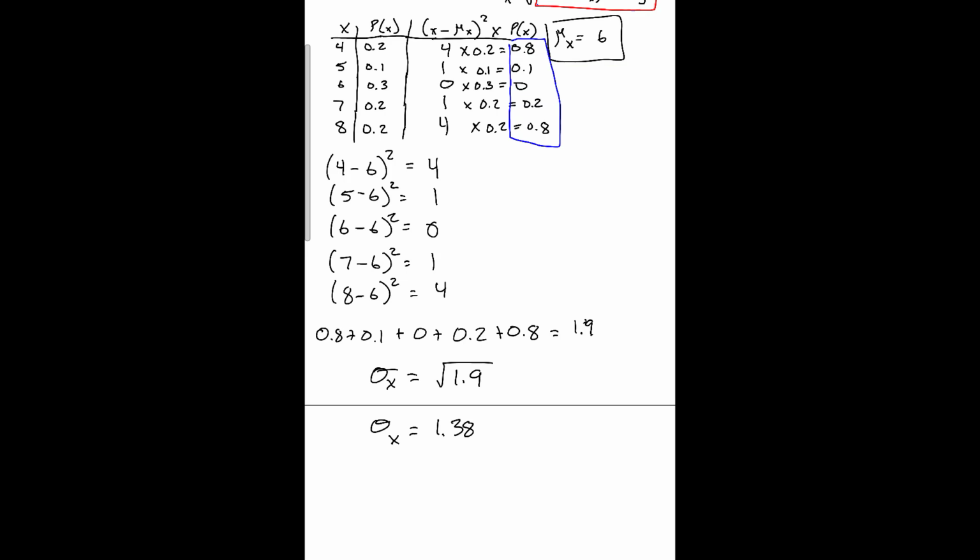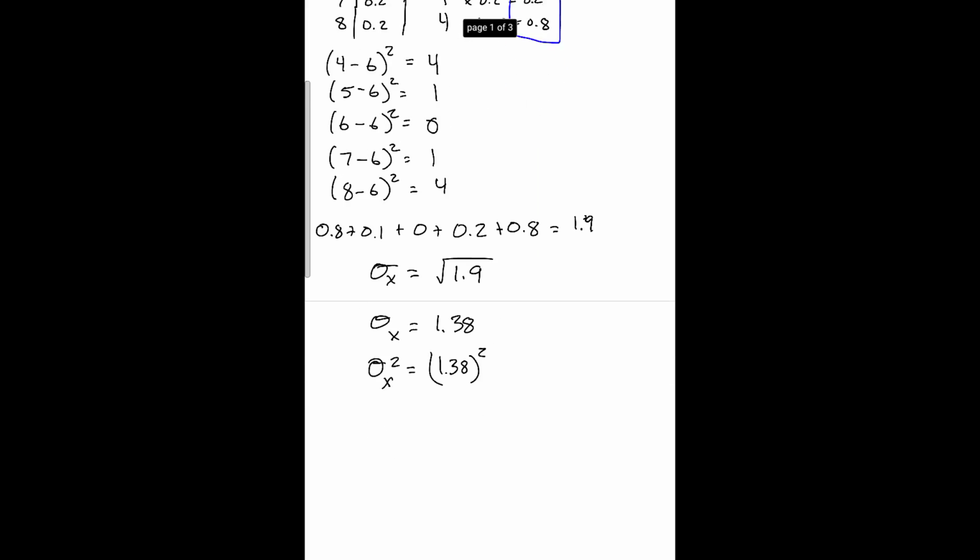Now, if you remember what your variance is, it's your standard deviation squared. So if we go ahead and square both sides, well, we go ahead and get back that 1.9.